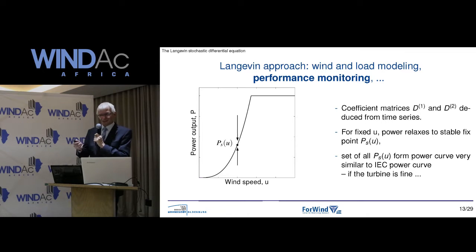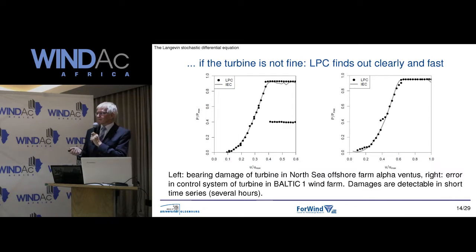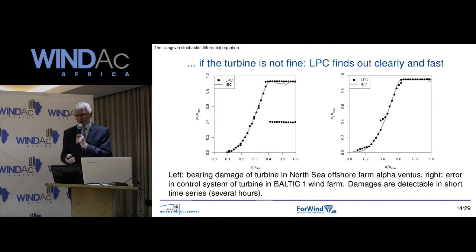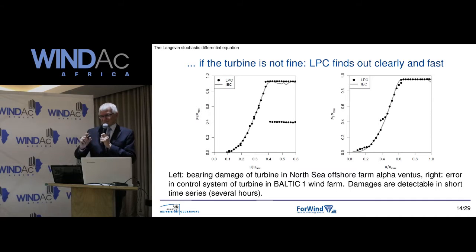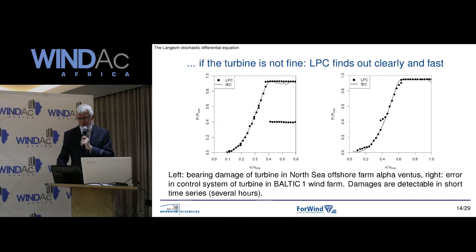Is something wrong with our method? But actually, afterwards we heard that this turbine had a problem with the bearings. So what we found is a method to find some damages or errors. Like here we have an error in the control system of an offshore wind farm. So this is a method how to find very fast any damages or errors in our system.